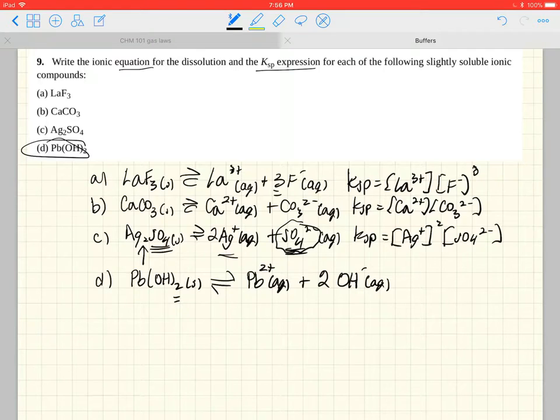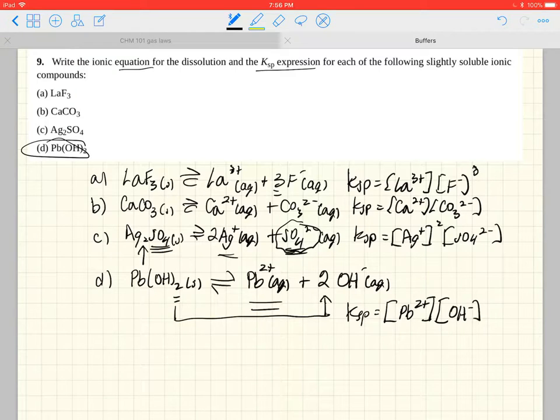We've got 2 hydroxides, and each of these is -1, so a -2 charge there tells us that the lead is a +2. The Ksp for this is going to be equal to the lead(II) ion concentration times the hydroxide ion concentration squared.